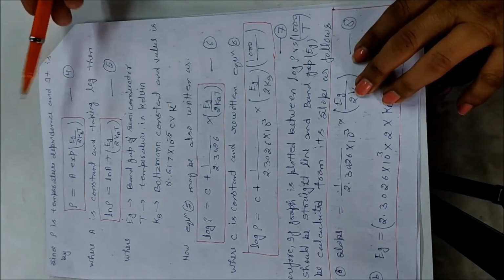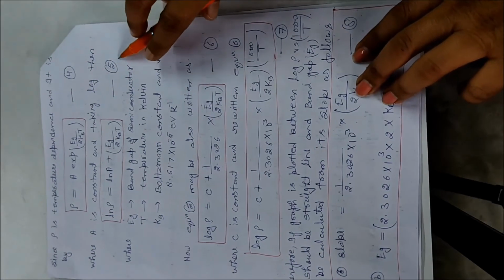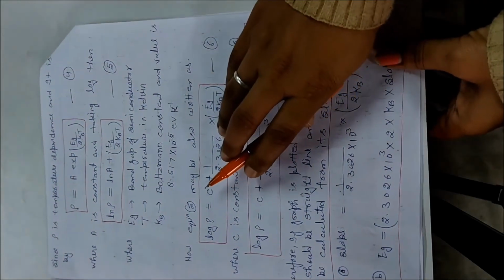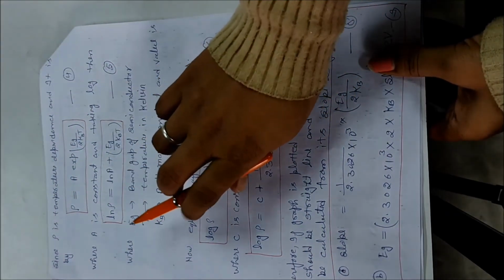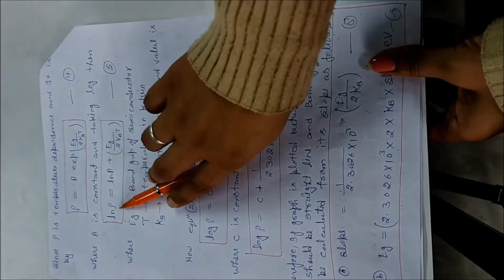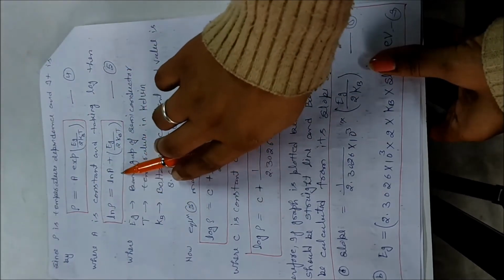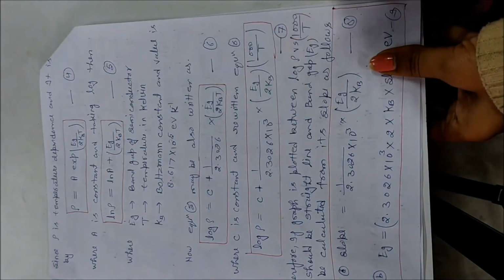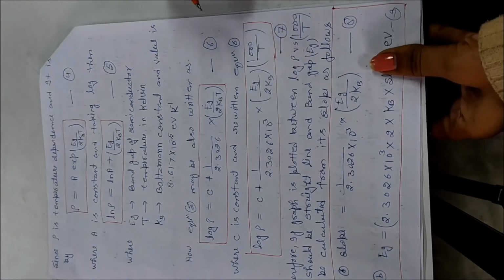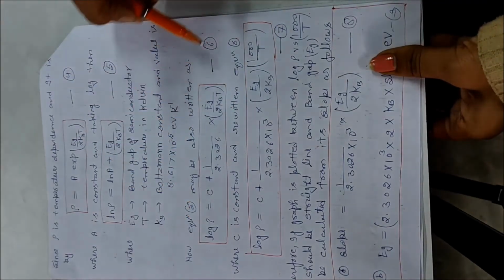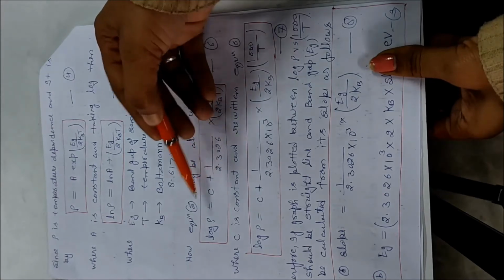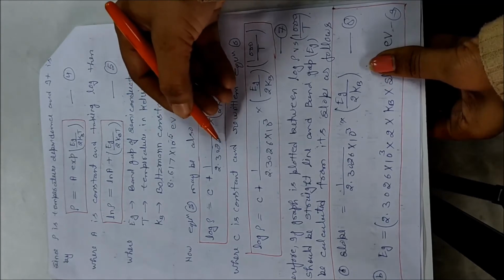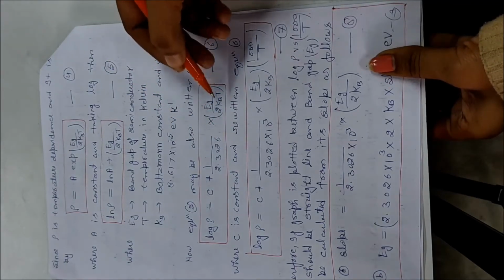Equation 5 may also be written this way: after taking the log, ln rho equals ln A plus Eg upon 2 kBT, and this equation is also written in terms of base 10 log, where C is a constant and log rho equals C plus 1 divided by 2.3026 into Eg upon 2 kBT.